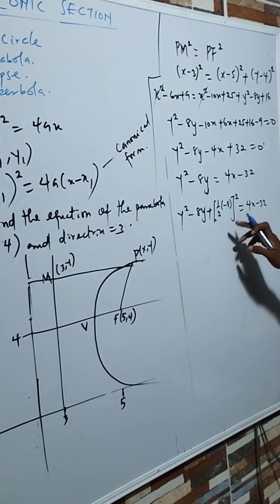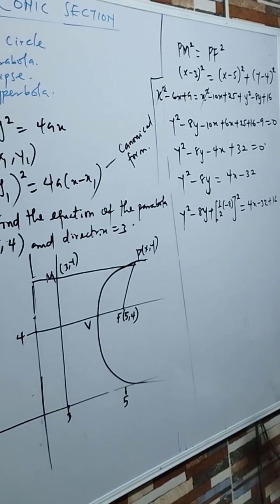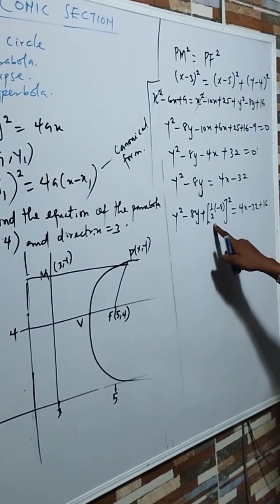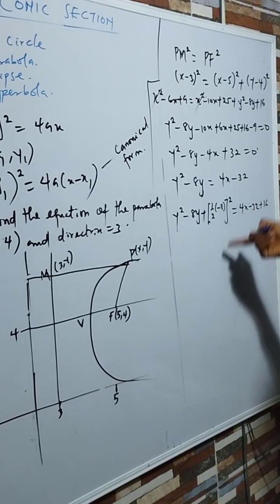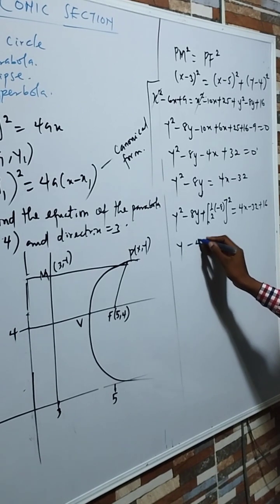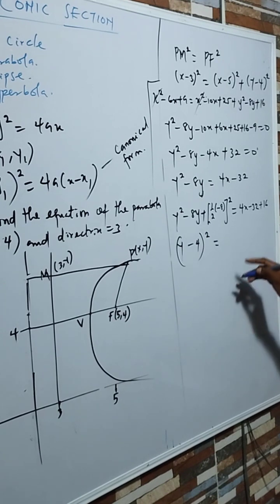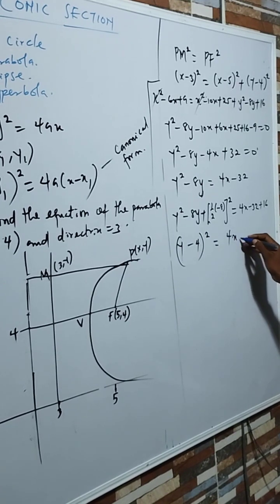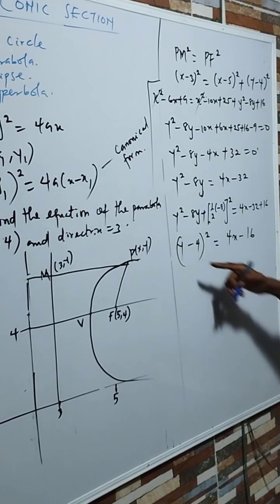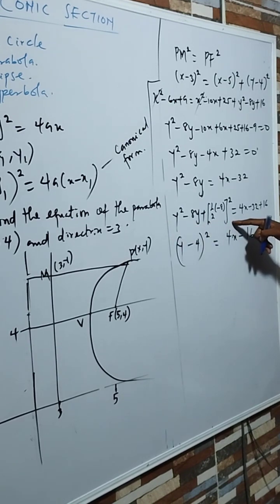So this is minus 4 square, which is plus 16 here. Minus 8 over 2 is minus 4. So we have (y minus 4) all square equals 4x minus 16. If you expand this, you are going to get the whole of this back.